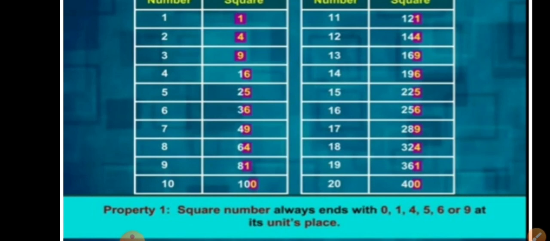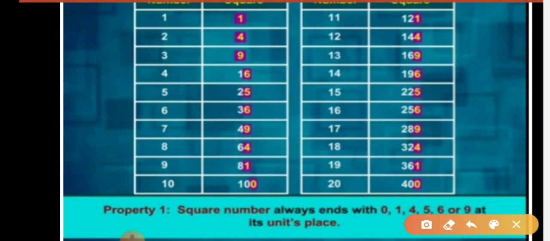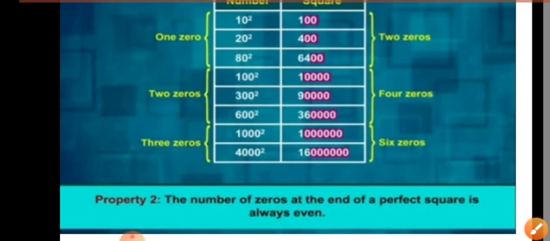From the table you can see that for all the square numbers, the unit place is either 0, 1, 4, 5, 6 or 9. So always remember this. Now next property.